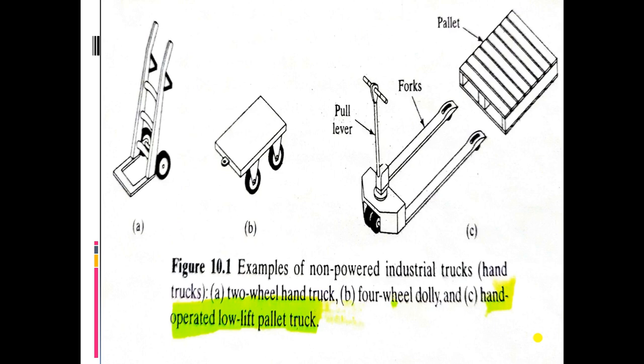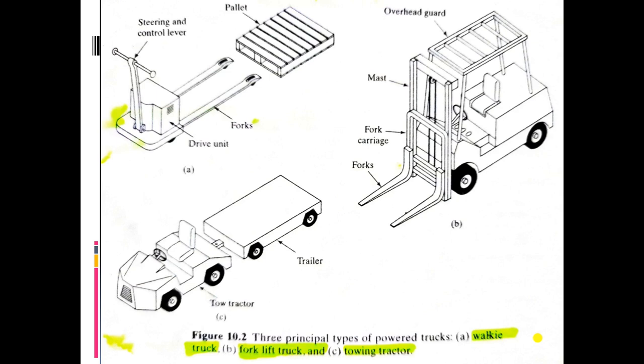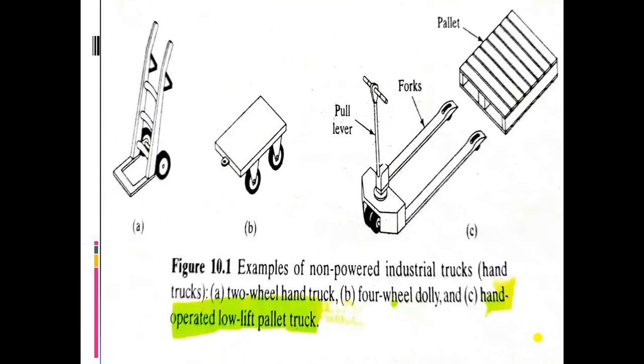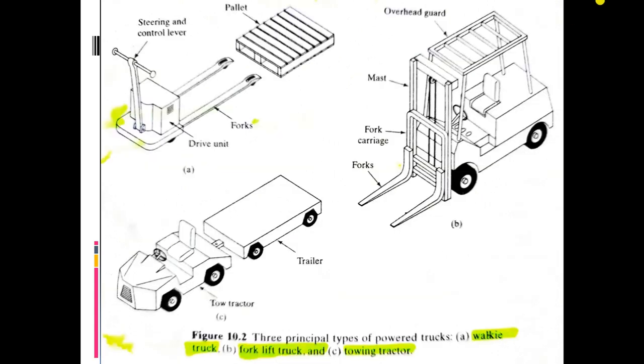These are non-powered, and these are powered trucks. Here you can see hand trucks, and a four-wheel dolly. This is a hand-operated loaded pallet truck. This is the pallet on which the load will be taken. Then here you can see powered trucks.